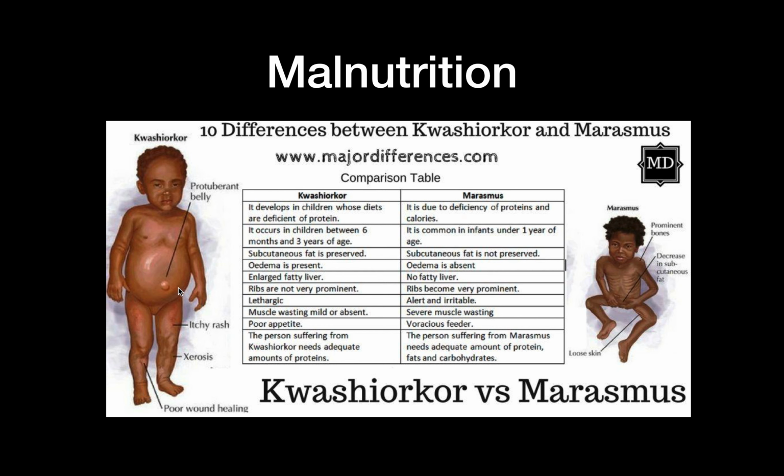It's called ascites, and it's also characterized by edema in the ankles and the wrists. And the edema and the ascites happen because there is not enough protein to reabsorb the water in the body.